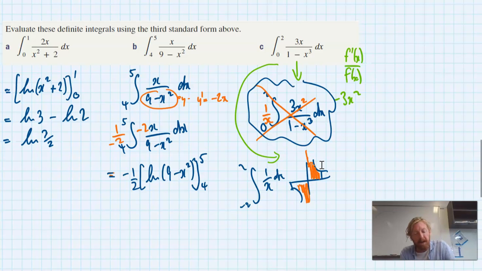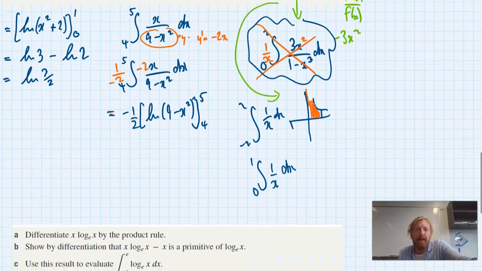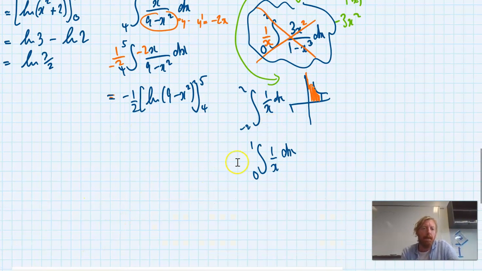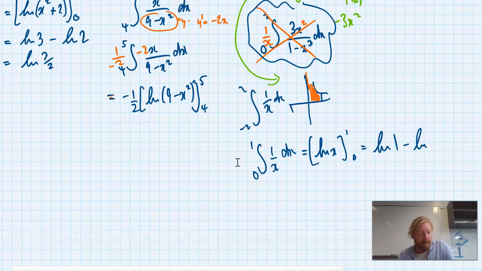Let's do half of that even. Let's do the integral from 1 to 0 of 1 on x dx. So I only want that orange bit. Let's see if that works. That equals ln x from 1 to 0, which equals ln 1 minus ln 0.